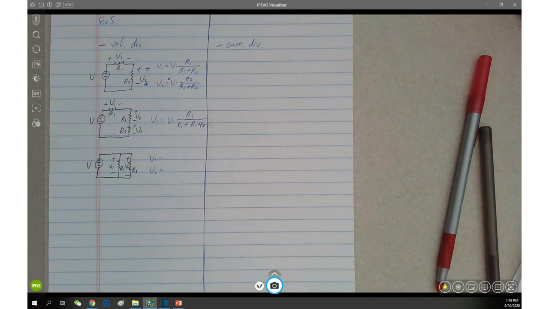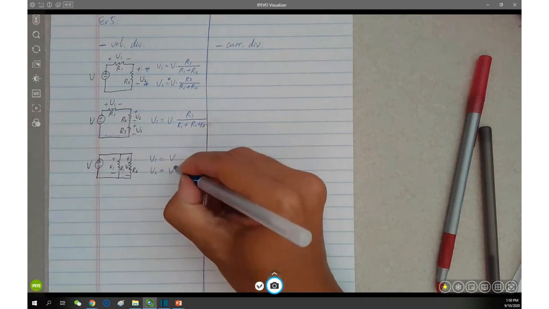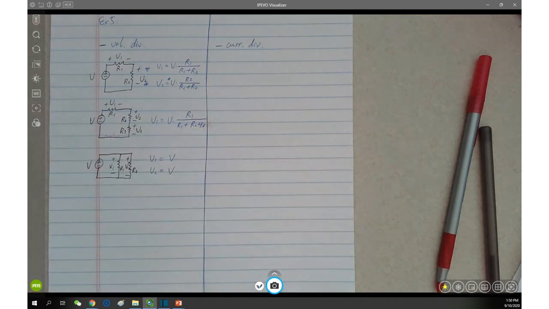So V1 equals to what? Anyone? Yeah. Here we go. Okay. A little bit tricky, especially since we are talking about a voltage divider.